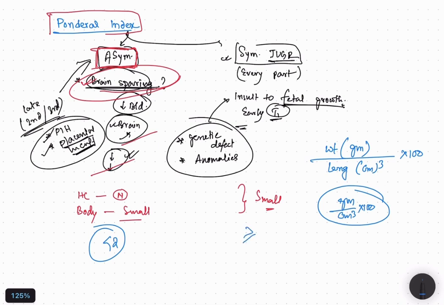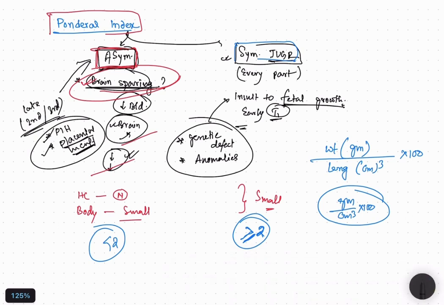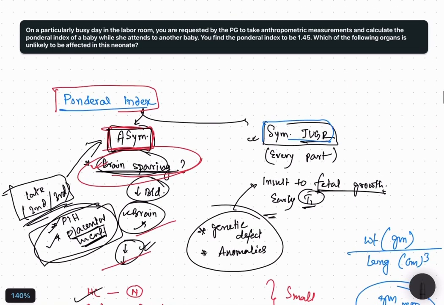If it is more than or equal to 2, that is symmetrical IUGR. So what is the take home point? Asymmetrical IUGR happens in the late trimester because of maternal causes, the ponderal index is less than 2, and head circumference is normal. So let's do one question here.